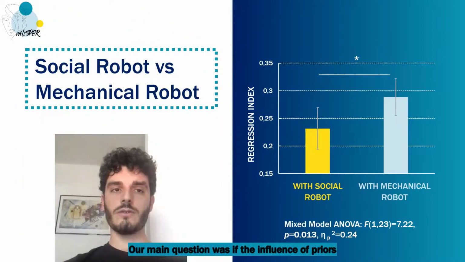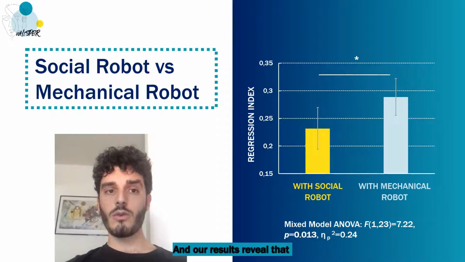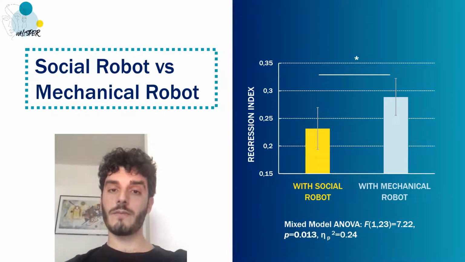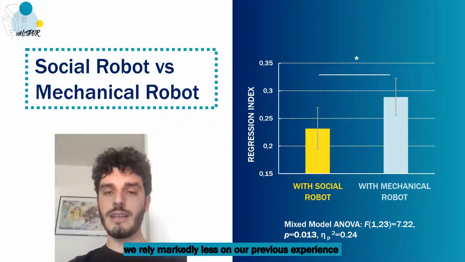Our main question was if the influence of priors changed within a social interactive context, and our results revealed that in the social condition the regression index is significantly lower than in the mechanical one. In other words, interacting with the social agent, we rely markedly less on our previous experience.